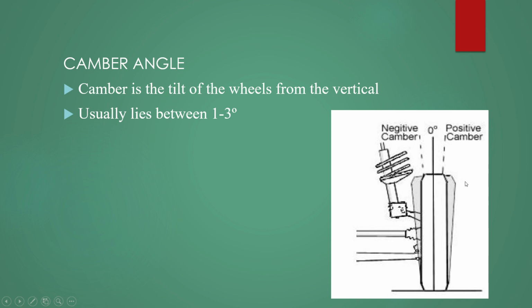That inward or outward inclination of the front wheel, seen from the front of the tractor, is called the camber angle. It is positive when inclined outward and negative when inclined inward. It usually lies between 1 to 3 degrees.